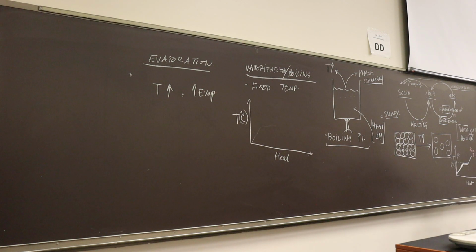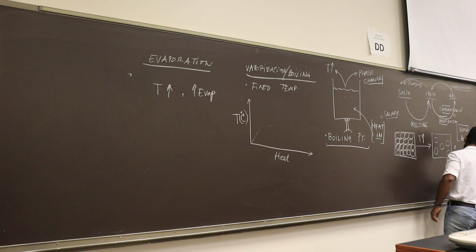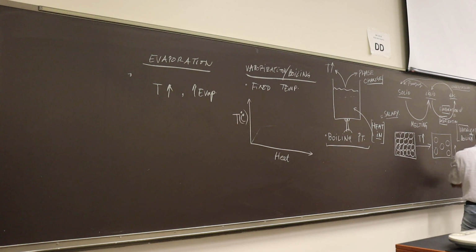Even after 0 degrees Celsius, there will be more ice and less ice. I'm just trying to show that the ice is decreasing and the water is increasing. At this point, there will be no ice and only water.